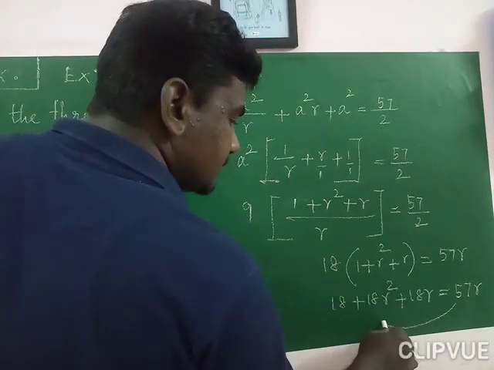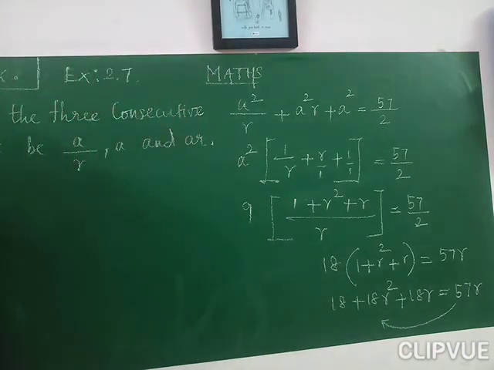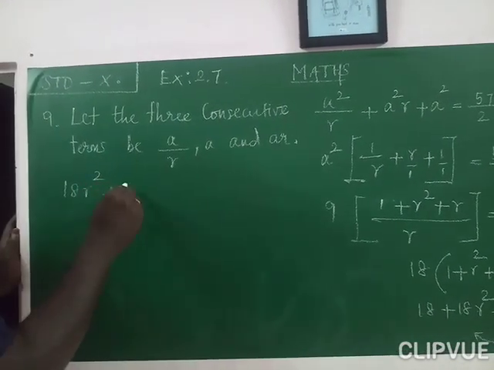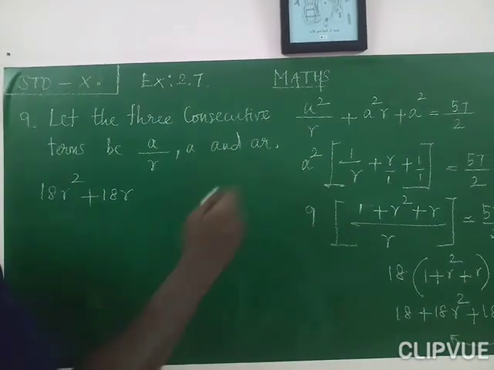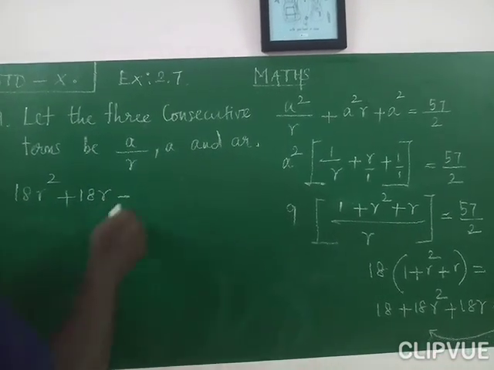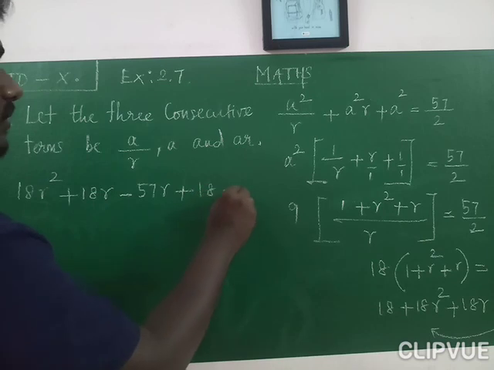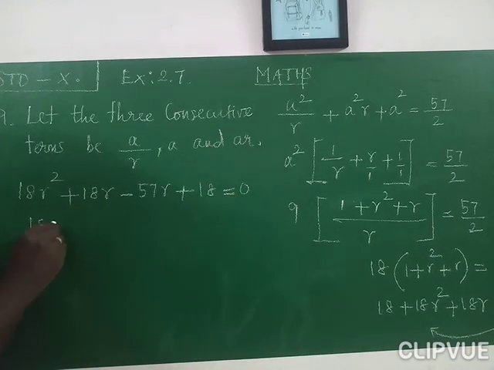If we take this term to the left-hand side, we write it in standard form: 18 r square plus 18 r minus 57 r plus 18 is equal to 0. So 18 r square plus 18 r minus 57 r leaves a remainder, 57 minus 18.